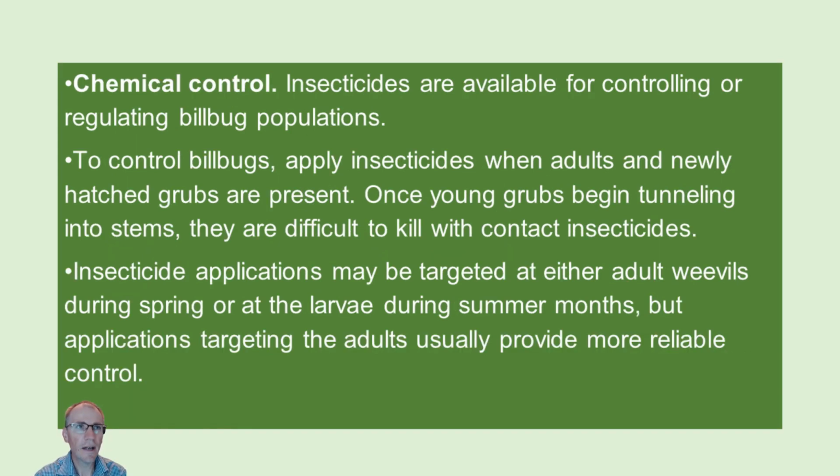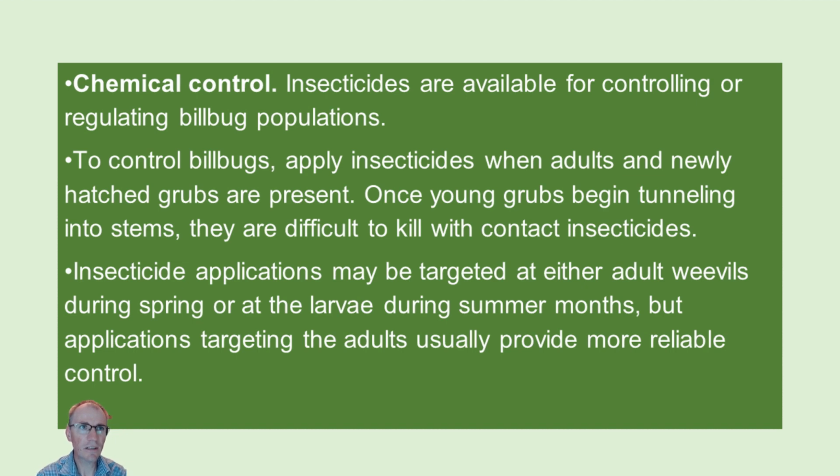Chemical control. Insecticides are available for controlling or regulating billbug populations. To control billbugs, apply insecticides when adults and newly hatched grubs are present. Once young grubs begin tunneling into stems, they are difficult to kill with contact insecticides.